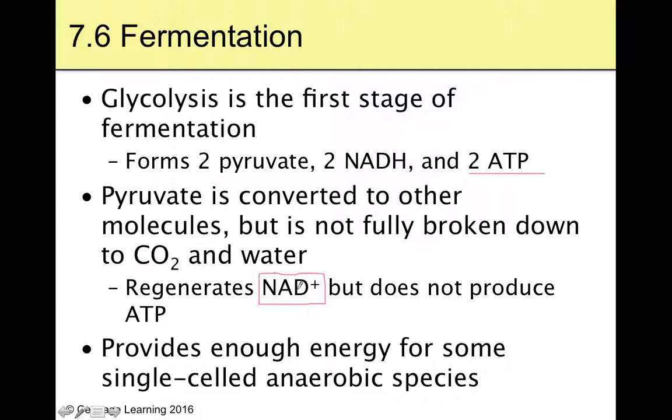We're not really going to produce any ATP once that pyruvate is made. Our goal is to take him and get him back up here where he's useful again. And so it's going to provide about enough energy for some single-celled anaerobic species. No oxygen, they're really small, they're not moving a lot. We're talking about yeast, some bacteria, those kinds of guys.